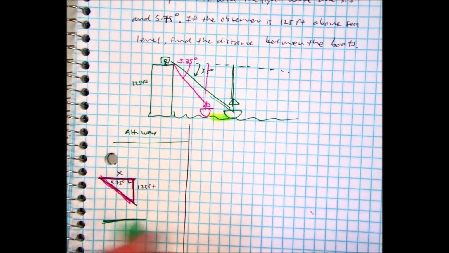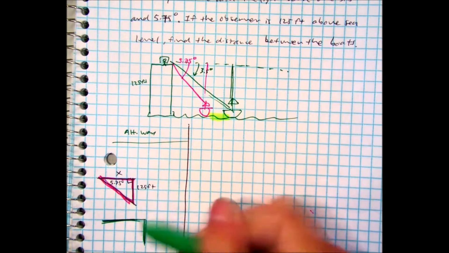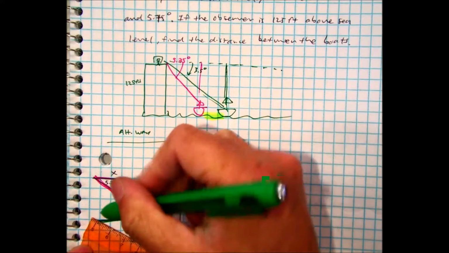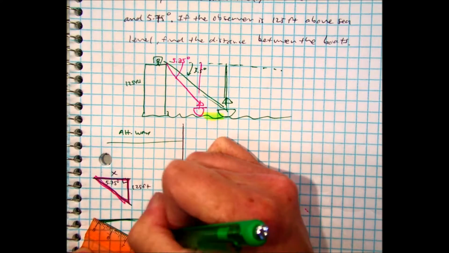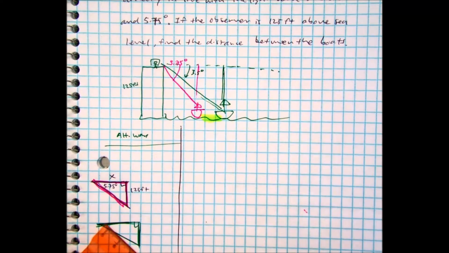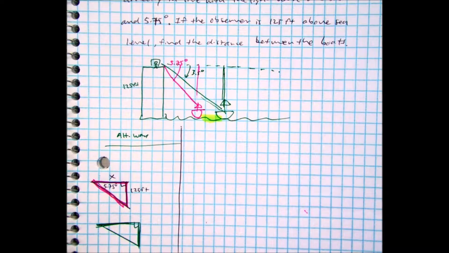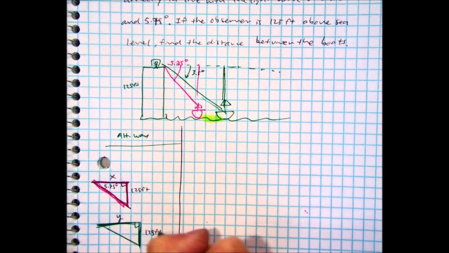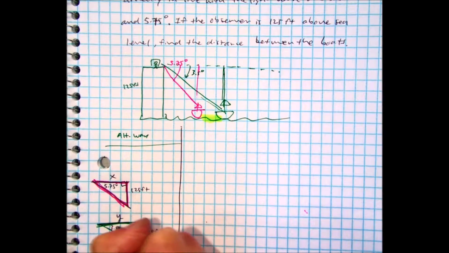So make this one a little bigger, and I call this length Y. And then I know this is 125 feet and 3.5 degrees.